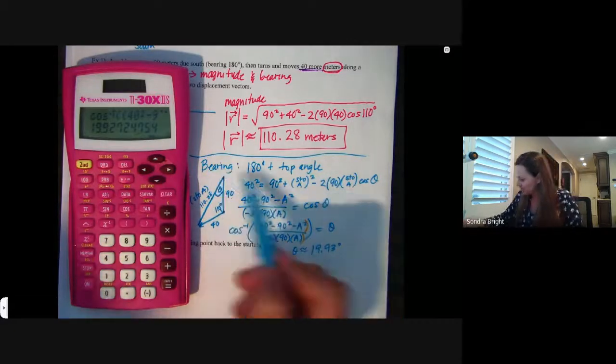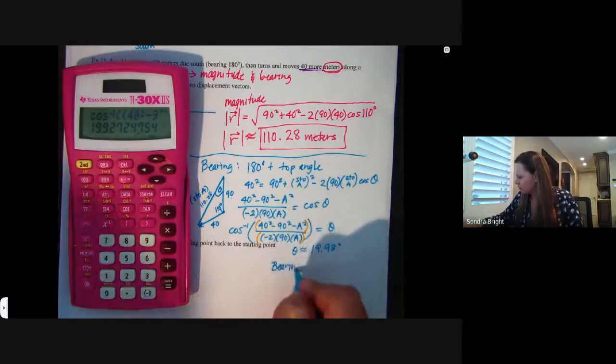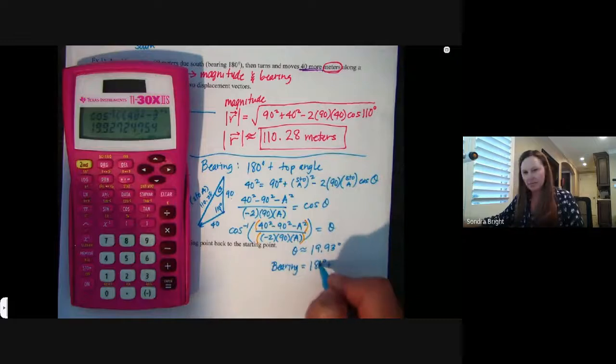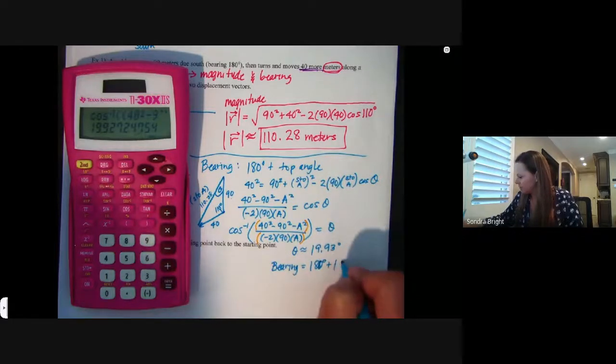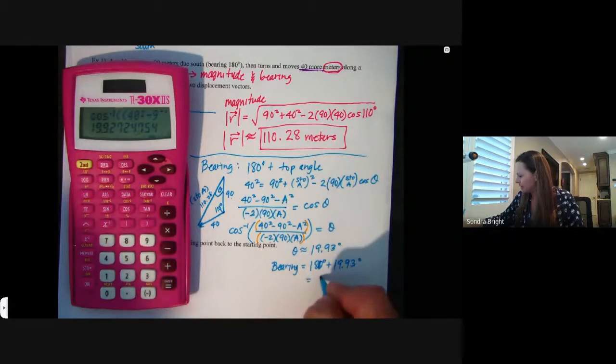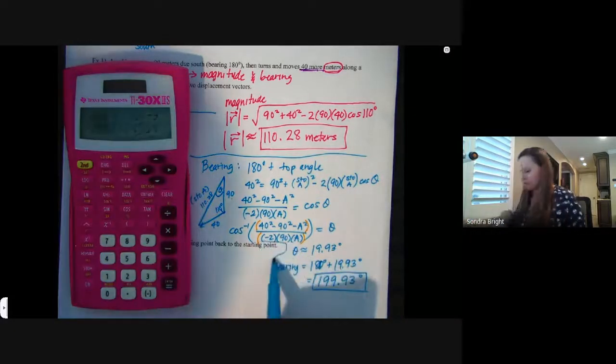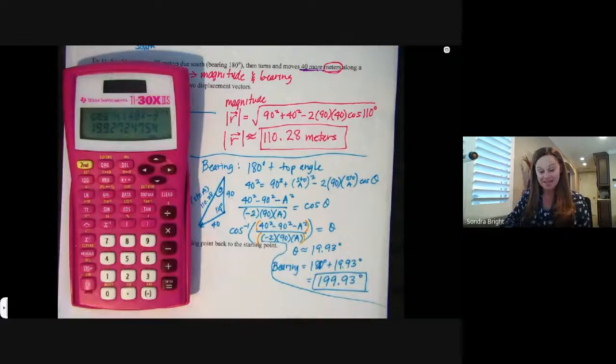So that means the bearing will be 180 plus 19.93 degrees, which means my answer is 199.93 degrees for the bearing. And I'm running out of room. There we go. Okay, so that's part A, finding that resultant vector along with the bearing.